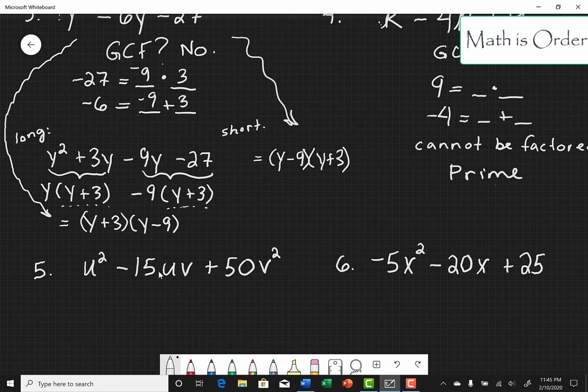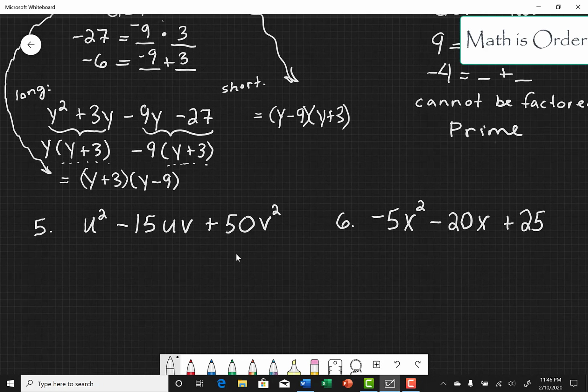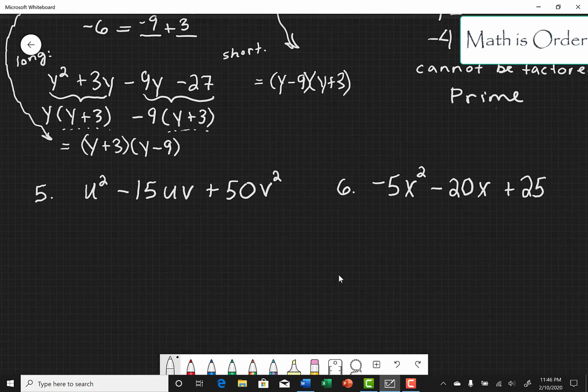But when we factor this one, or find the 2 factors, we're going to put uv instead, okay? And let's go ahead and do it. All right, so here we're going to use the AC method again, but this time the coefficient here is 1. This coefficient here is 50, right? So 1 times 50 is giving us 50, but first let's ask, is there a GCF, right? So in this case, no.